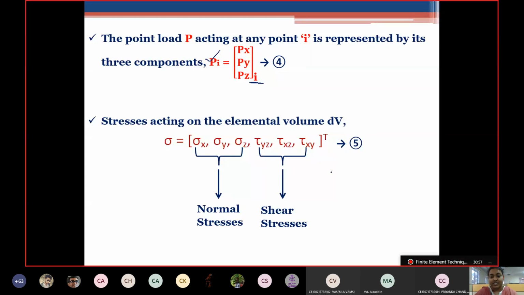Now these shear stresses and normal stresses both are there in the member due to the applied loads. So when we have to derive an equation for the elemental volume to find out the stresses or the strains, we have to make sure that we will find out all the 3 stresses.